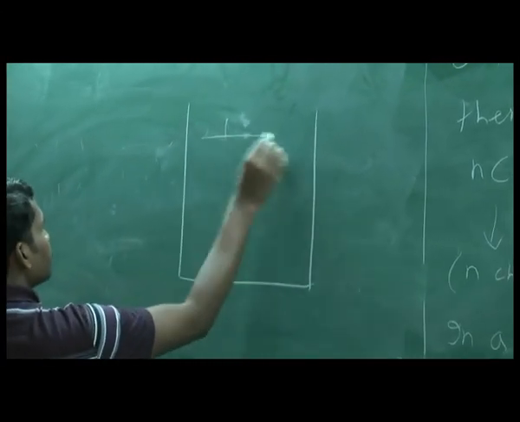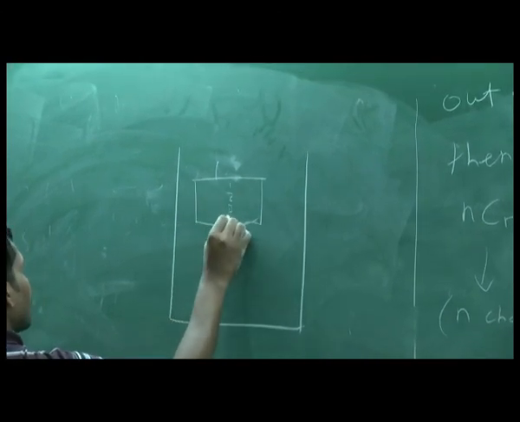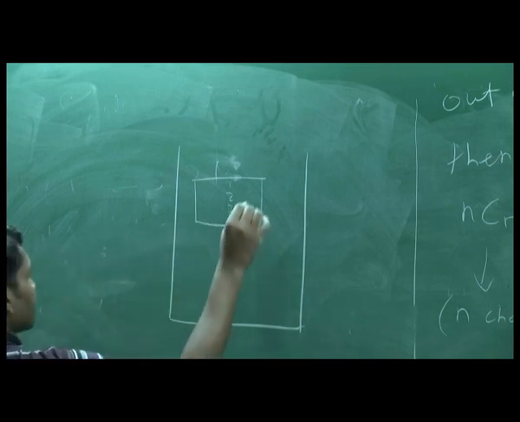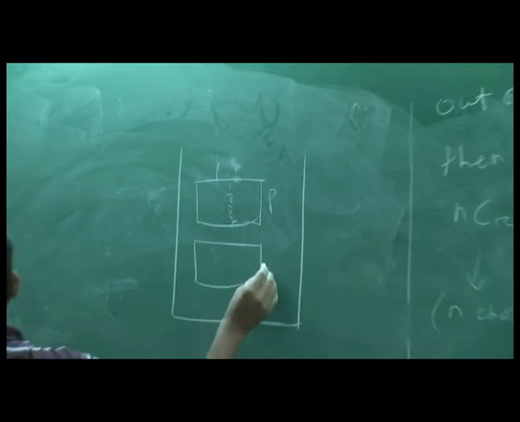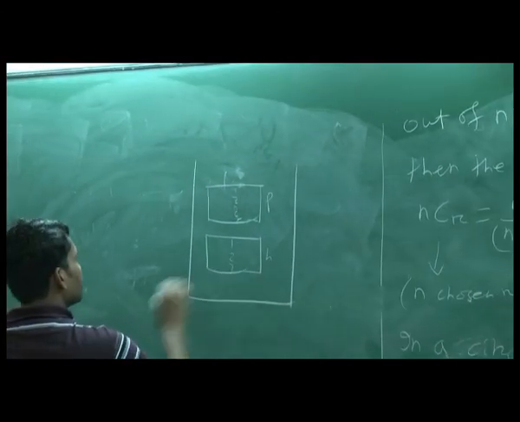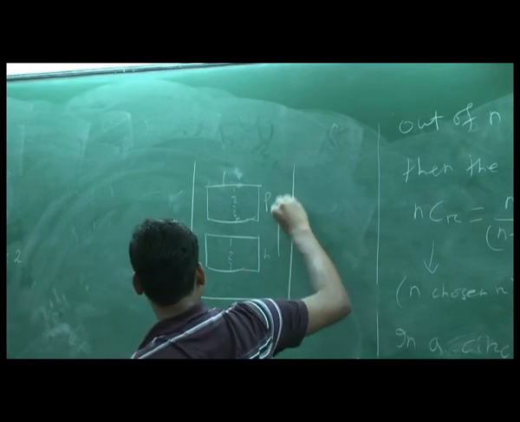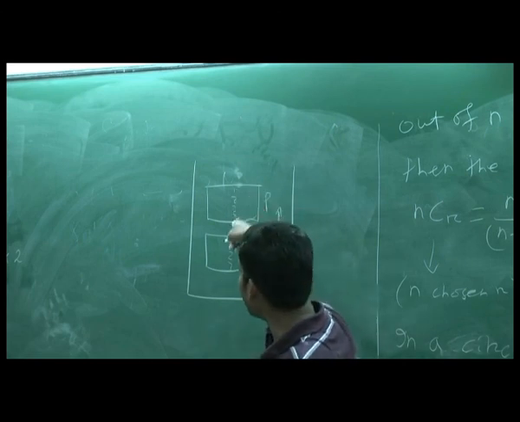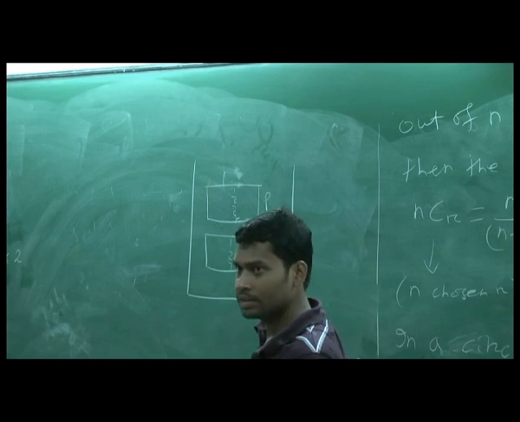First we can put the 5 paper bags, then the 3 hardcovers, or we can do it the other way around. That's 2 ways, and among them we can arrange the 5 in 5 factorial ways and the 3 in 3 factorial ways.